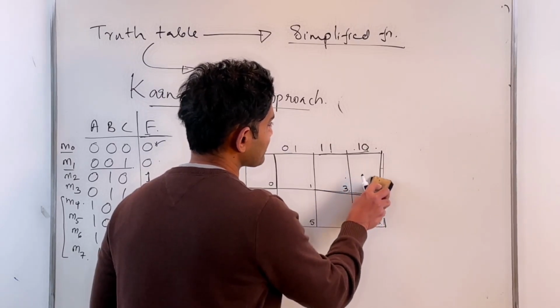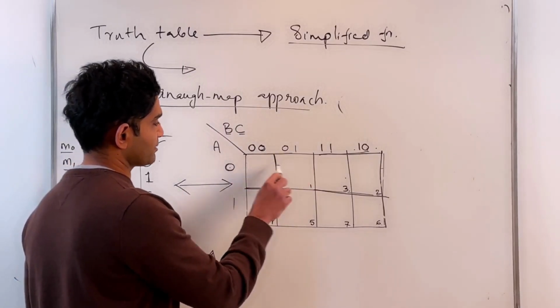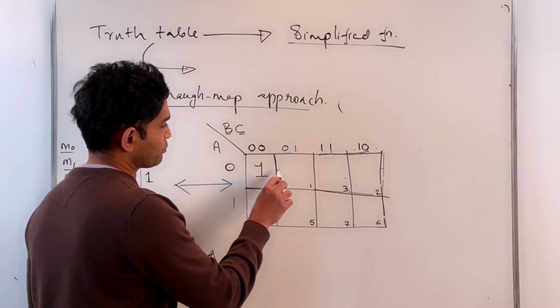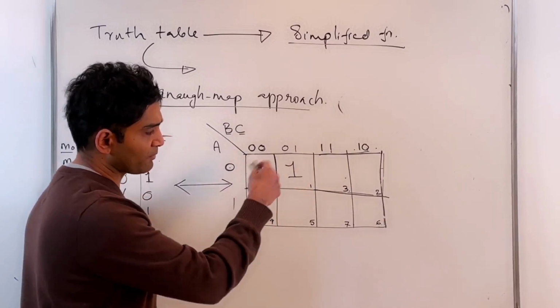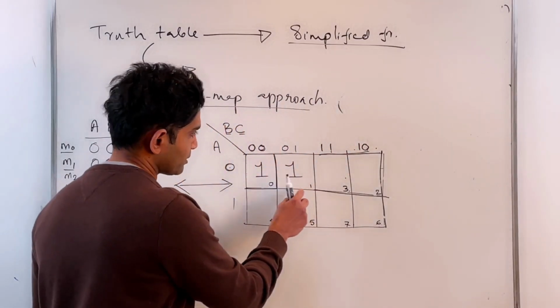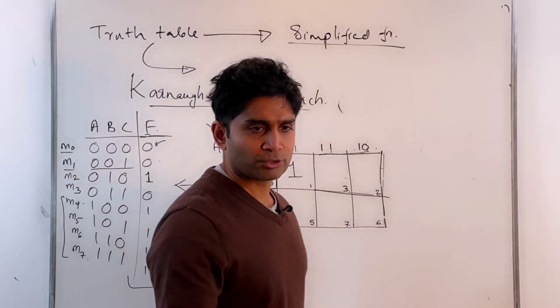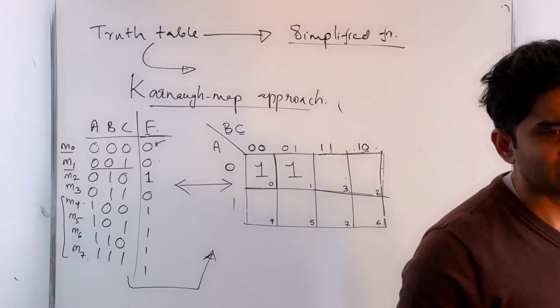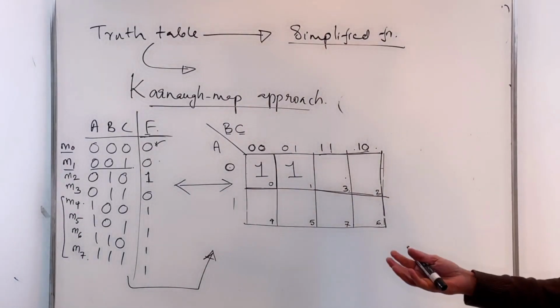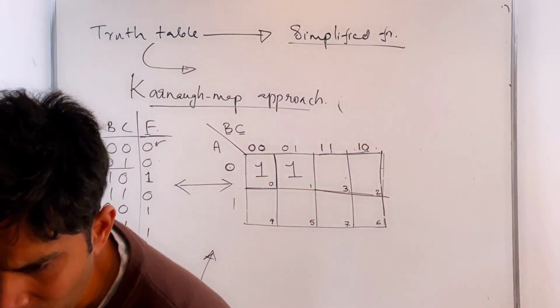Let's say I have two cells. In this case, I place ones in those two cells. Let's say my function is something like this, just two ones in these minterm positions. Again, empty cells indicate that they are filled with zeros. I don't have to explicitly show that, but you can, which is also fine.